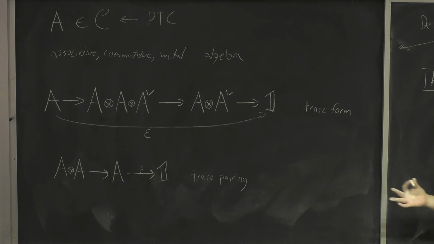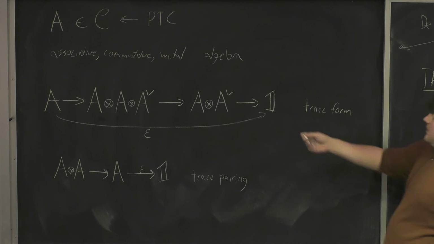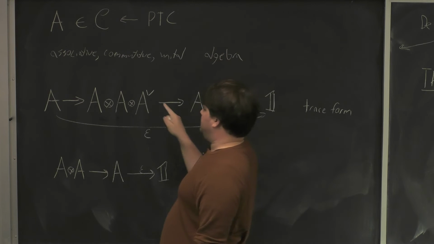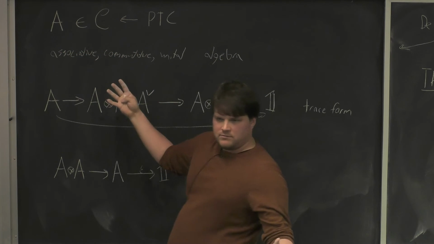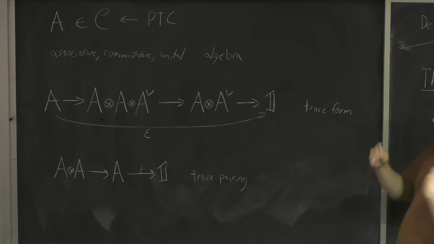On any algebra in a pre-Tannakian category, and of course, even if I'm not in a pre-Tannakian category, I really just need A to be a rigid object that is also an algebra to make this work.